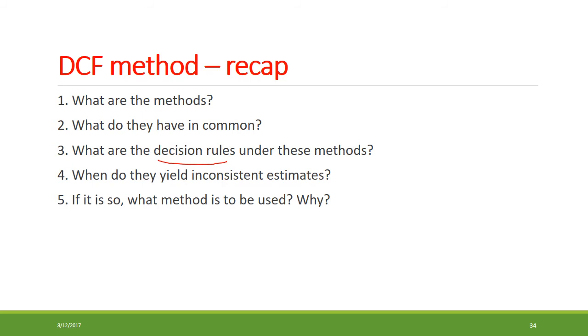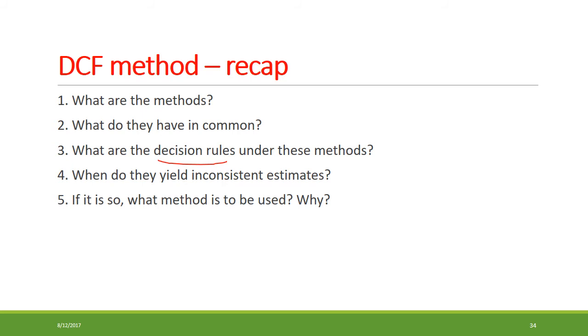With the IRR method, we want to pick projects where the IRR is higher than the cost of capital, or projects where we have the highest IRR. With the benefit cost ratio, we want to choose projects where the benefits outweigh the costs, and therefore we want to choose projects with benefit cost ratio larger than 1, right?